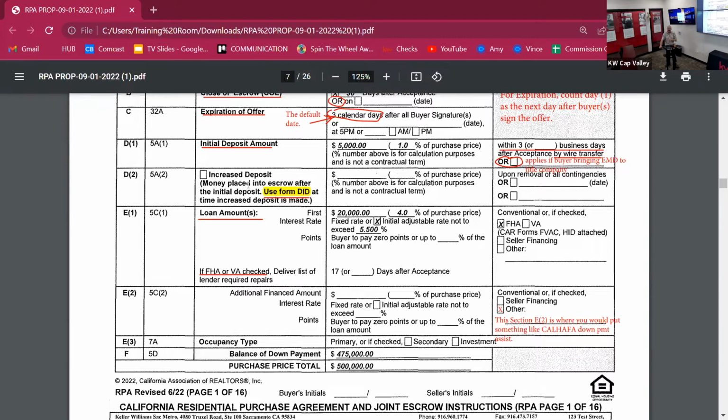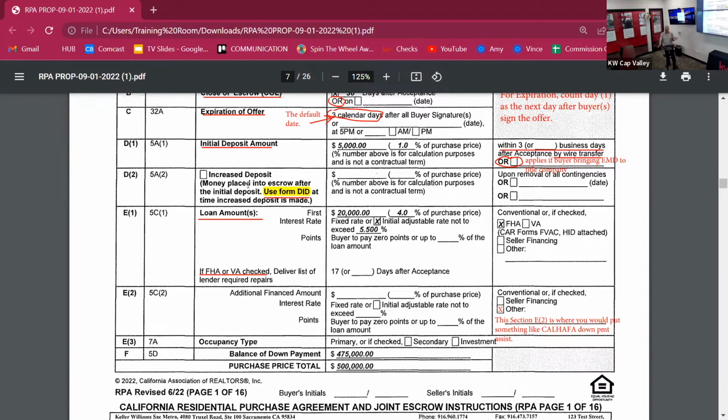I'll tell you what, if your client agrees to increase their earnest money deposit and remove their loan contingency today, they have to increase their earnest money deposit by $10,000 to a total of $15,000, and then remove their loan contingencies so they have no contingencies left, I will give them an extra 2 weeks to get escrow. But in 2 weeks, if you can't perform, I get liquidated damages.